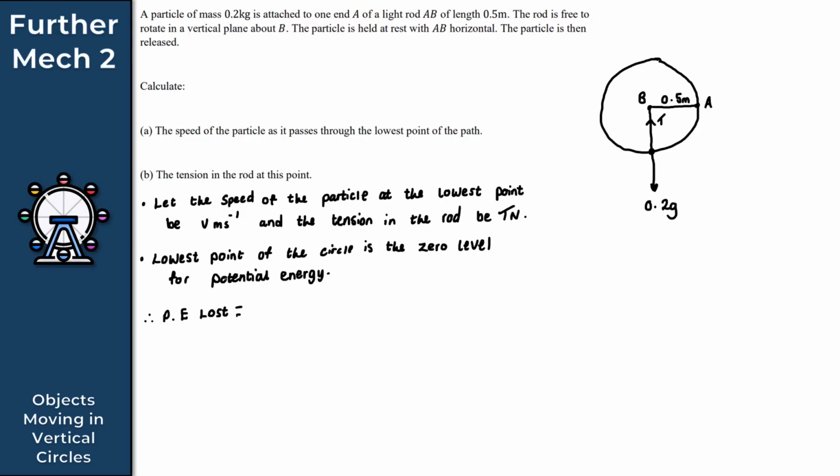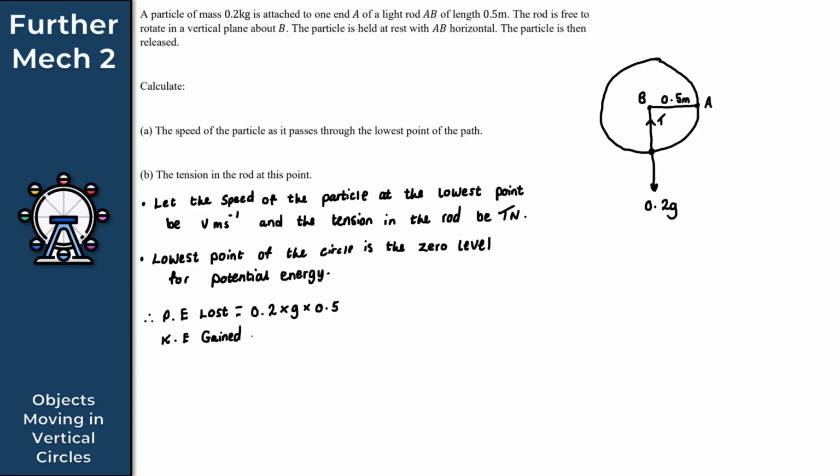is equal to 0.2 times g times the distance that it's fallen. So I get 0.2 times g times 0.5. And let's also consider the kinetic energy gained.